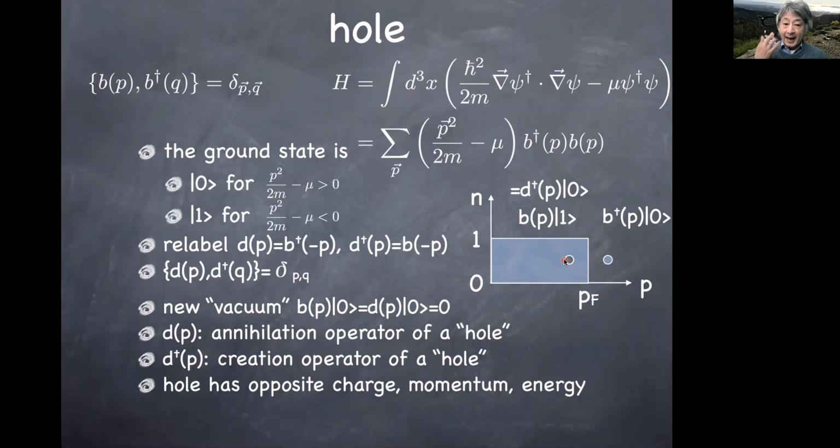That's the same thing as adding a positive charge. And removing the electron of momentum P is the same thing as adding momentum minus P.